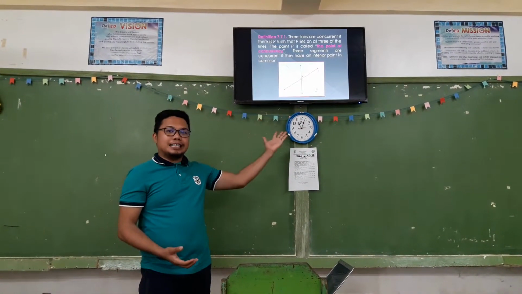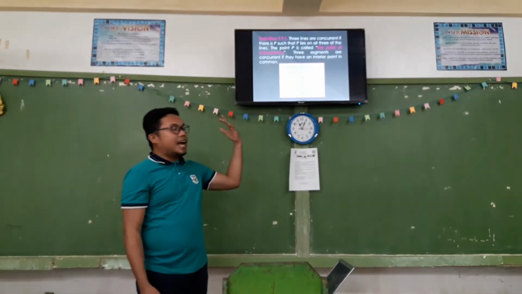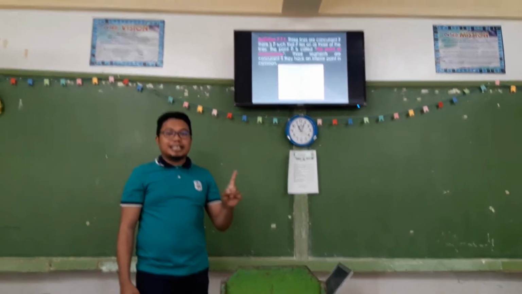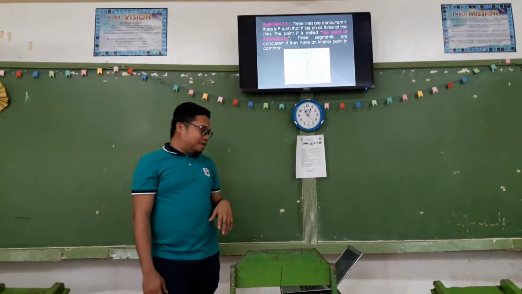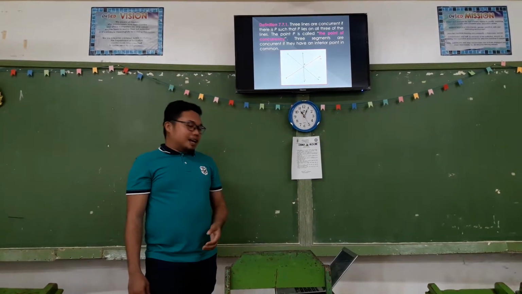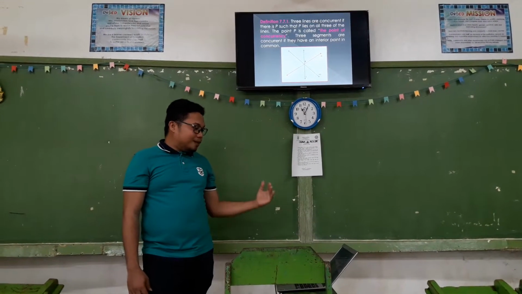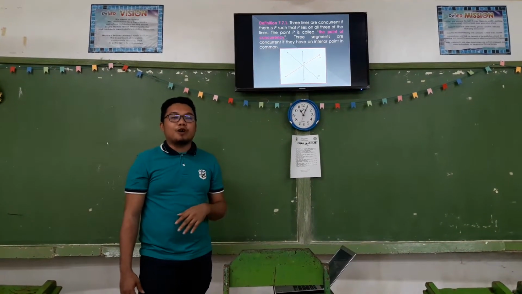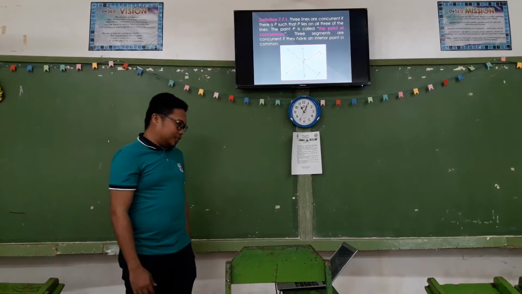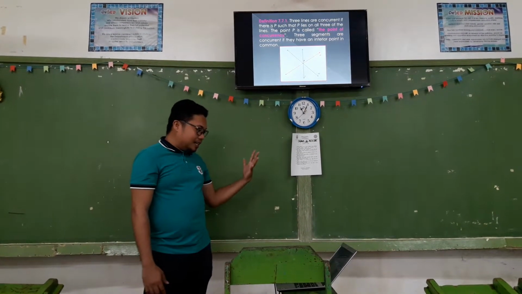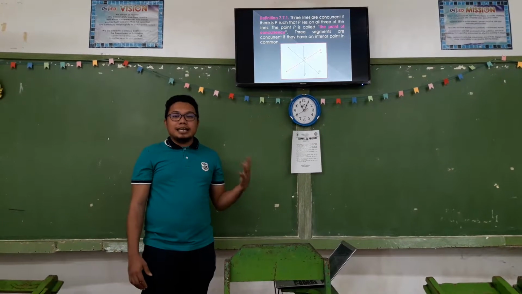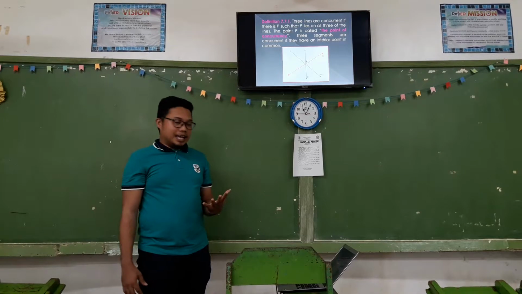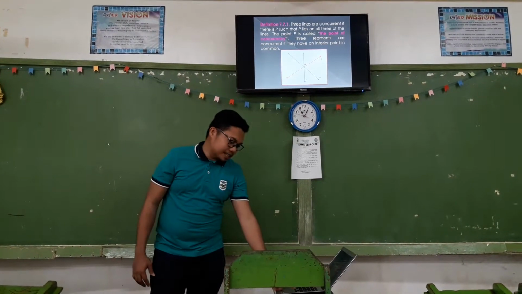There are three lines, namely line L, line M, and line N, and they intersect at one point, point P. So concurrent lines are lines that intersect at one point, or have a common point. Line L, line M, and line N are concurrent lines.